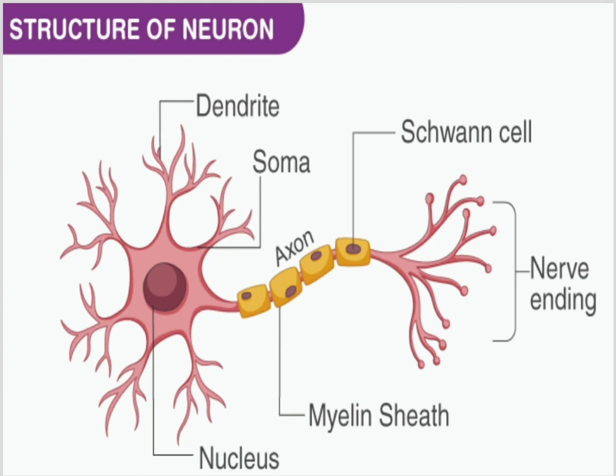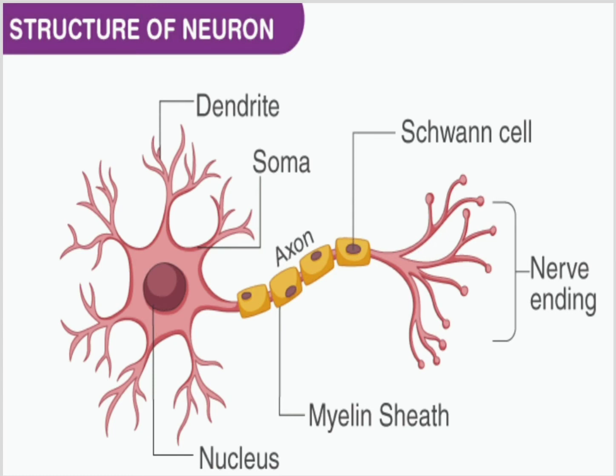All the information about our surroundings is collected by the dendrites. You see that dendrites, it's looking like branches. So whatever information has to be collected by the nerves, the dendrites do the work of collecting that information.